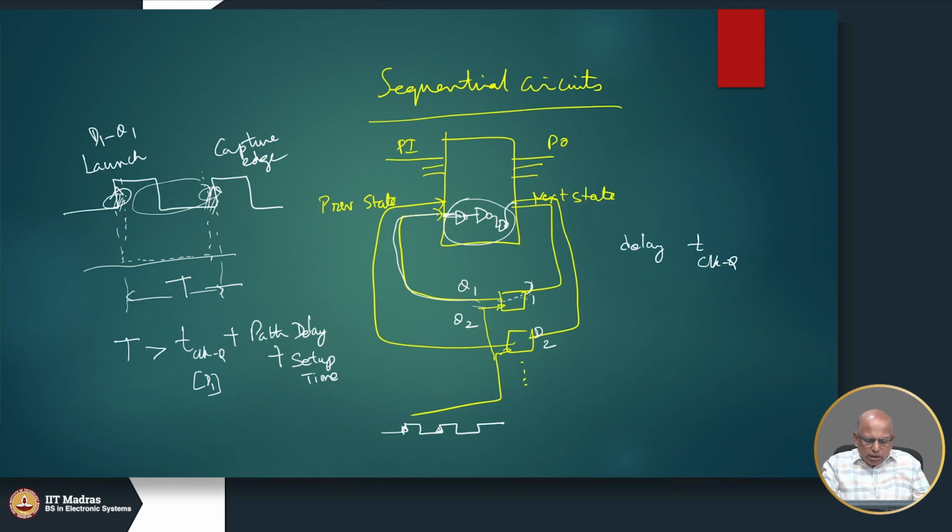Now if the path delay, let us say, is higher than what we anticipated, then there could be a problem that this inequality is no more satisfied. If the path delay is higher, then there will be a failure in the sense that a wrong value will get captured.